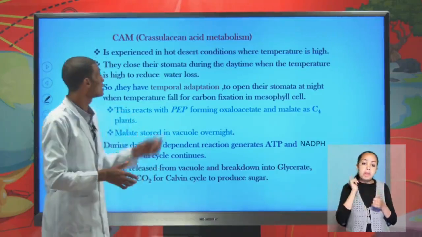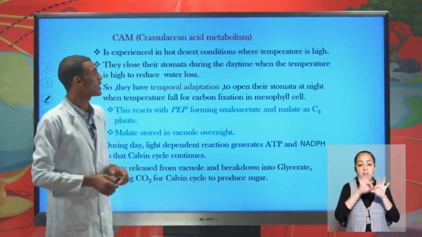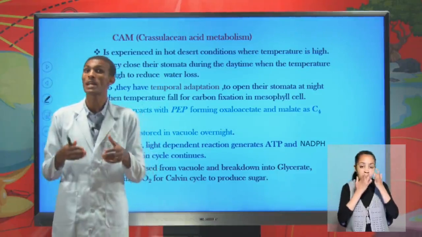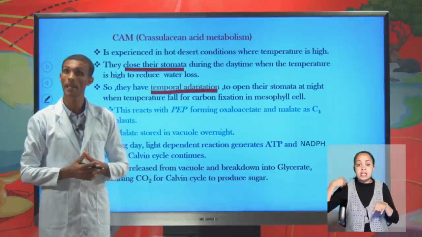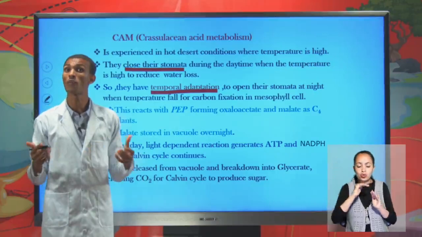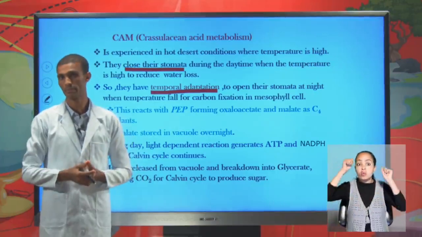By that, this type of plant has its own adaptation, which I mean is a seasonal or temporal adaptation, not spatial adaptation. They are adapted to close their stomata during the daytime when the temperature becomes high to reduce the rate of evapotranspiration.